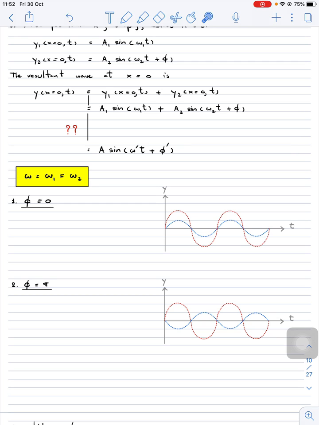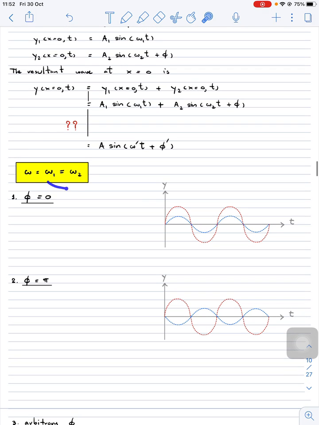Is it possible? Actually, the answer is yes. It's possible to write this summation in this form, but we need to consider special cases. We need to consider the special case here.